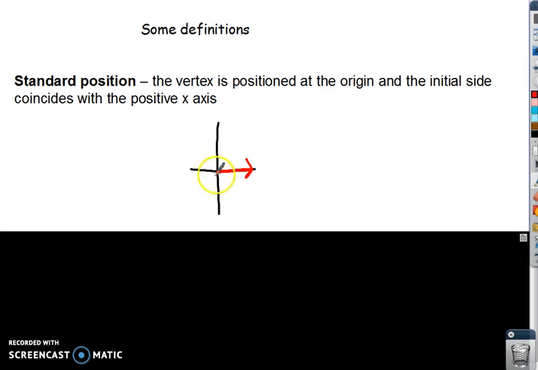The origin is the point of the vertex, and the point of the angle comes off somewhere. Doesn't have to be exactly like that. Could be down over here, over there, up there, but as long as the vertex point is at the origin and one side of your ray is the positive x-axis.